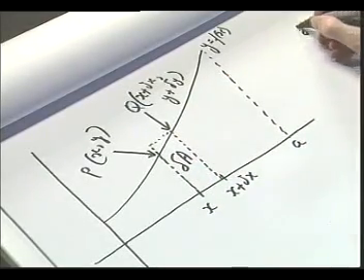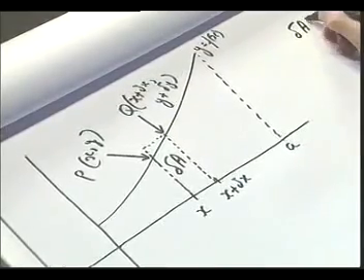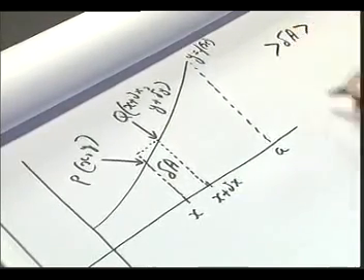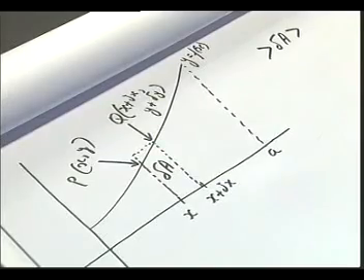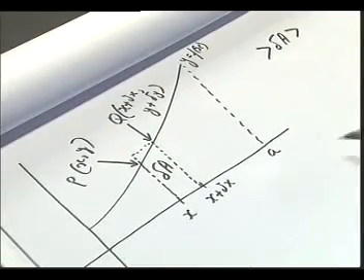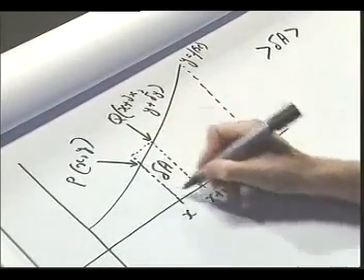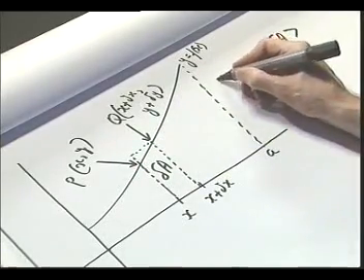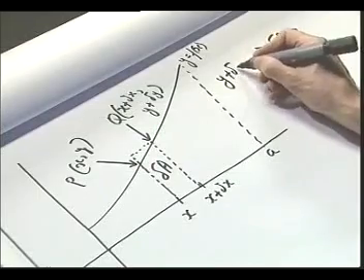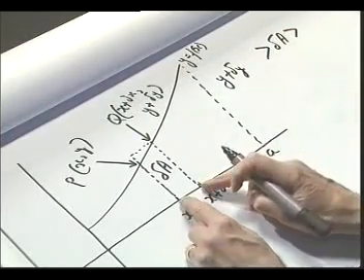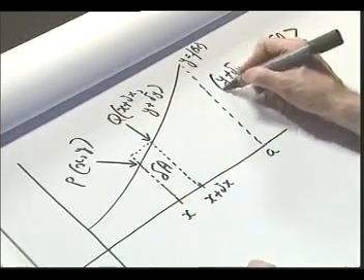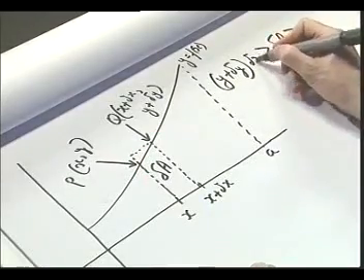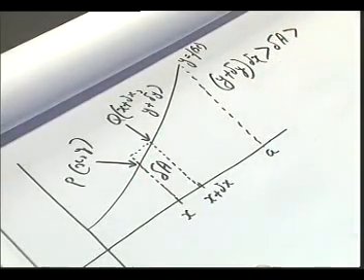And the area delta A is contained between the areas of two rectangles. The larger rectangle, whose height is y plus delta y, and whose width is delta x, and so that's its area.